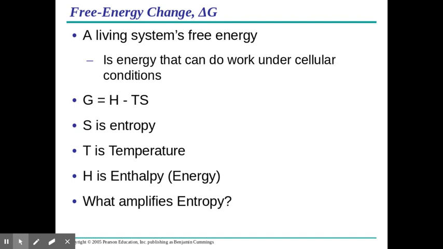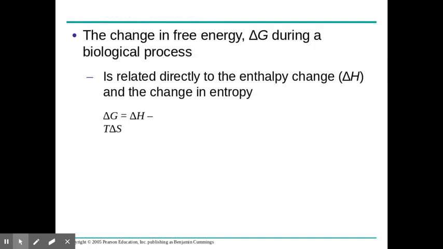So not all energy in the system is available to do work, because some of it has to be lost due to entropy. So that disorder piece, and because otherwise it would violate that second law of thermodynamics. So the change in energy, the delta G, so that triangle we would call that delta. Delta G, what it stands for is essentially the change.